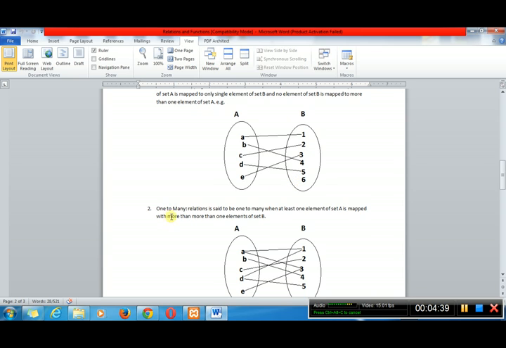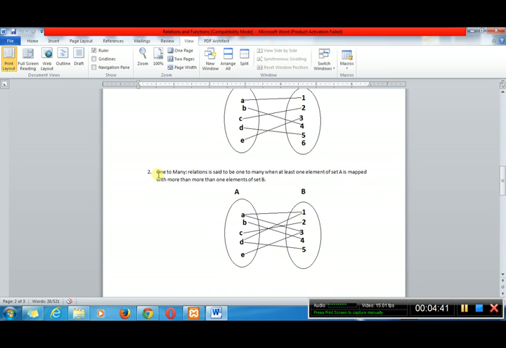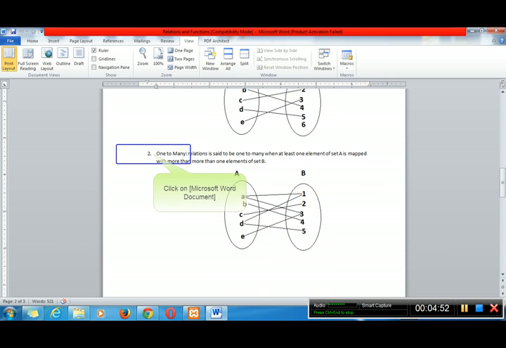Okay, so we have a mapping from A to B. Based on the mapping, how elements are mapped, or how many elements are mapped to how many elements from set A to B, we define mapping in the following types: one-to-one mapping, where each element from A is mapped to a distinct element from B. Like a is mapped to 1, b is mapped to 2, c is mapped to 4, d is mapped to 5, and so on.